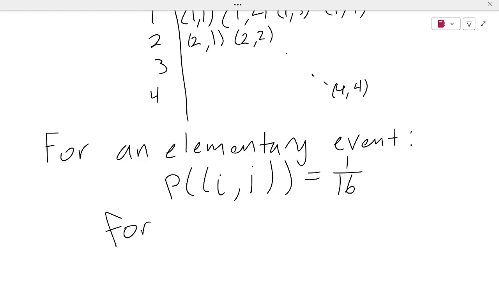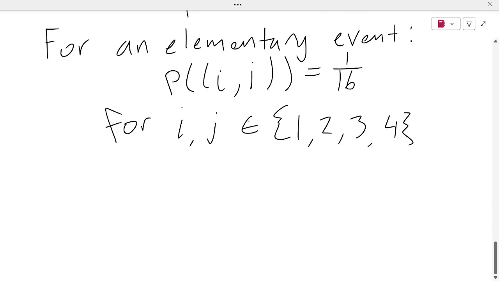So this is for i, j an element of the set of 1, 2, 3, 4. Okay. And this isn't always going to be the case. There's going to be some models maybe we look at where there's different elementary events, but they're not equally likely. This is a special case where for any elementary event we can come up with, where we only have one outcome, it is equally likely as all others. Okay, let's keep going.